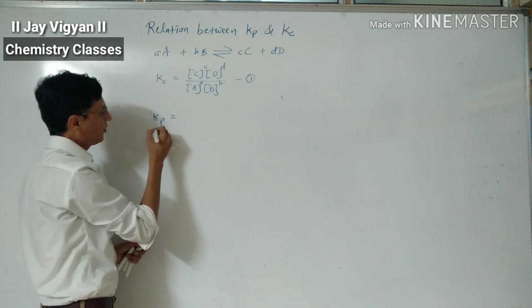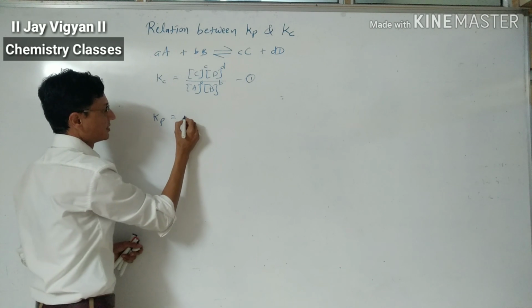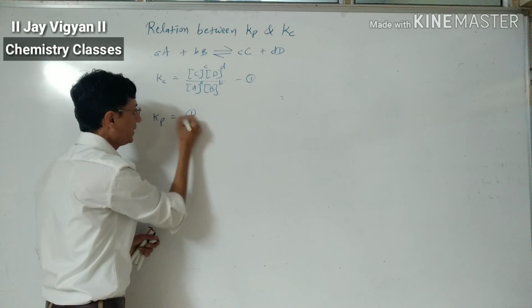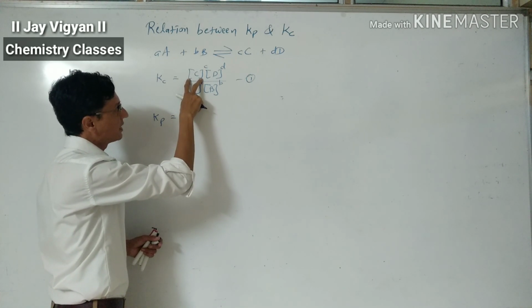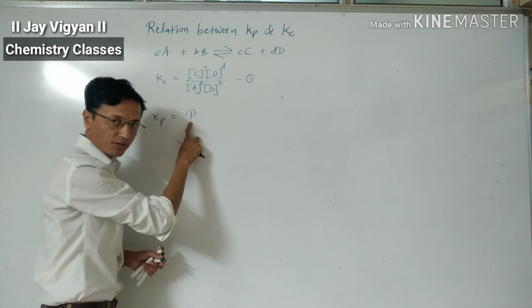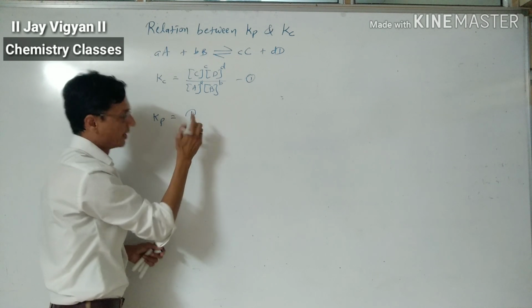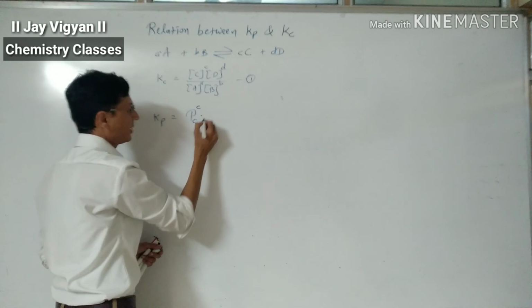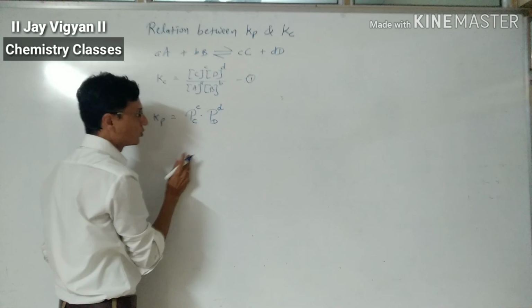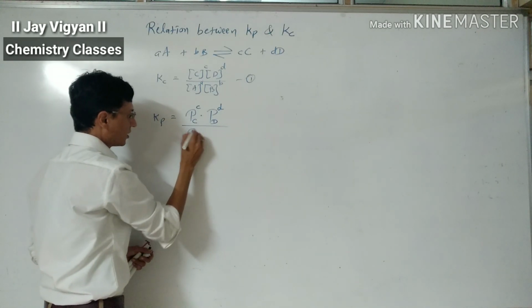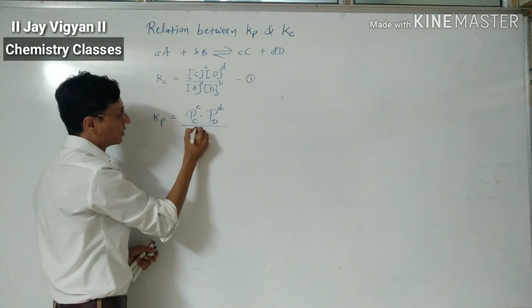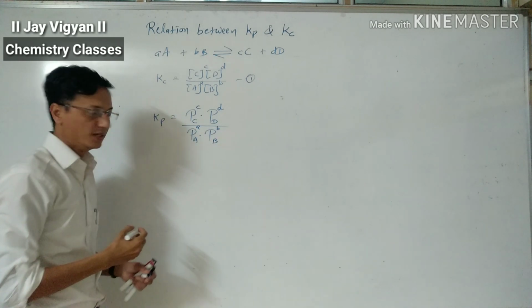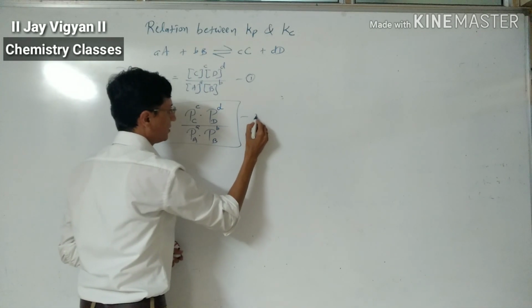Here we are going to use the symbol which represents the pressure, which is P. For concentration we have used square brackets, but for pressure we are going to use a capital P. So pressure of product C raised to c multiplied by pressure of product D raised to d, divided by pressure of reactant A raised to a and pressure of reactant B raised to b. So this would be the equation for Kp.